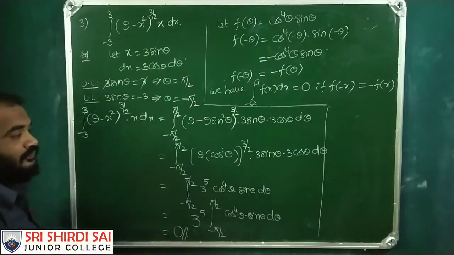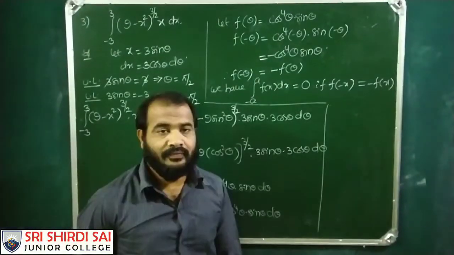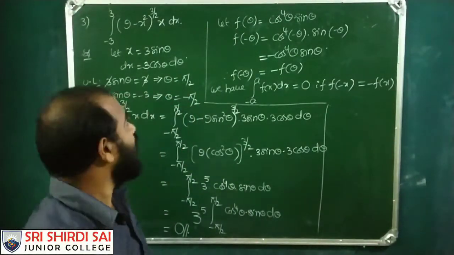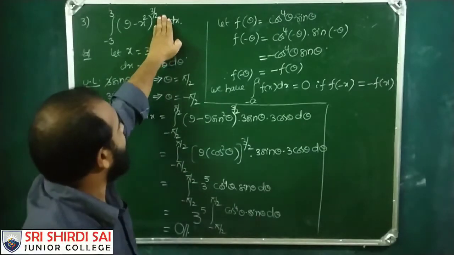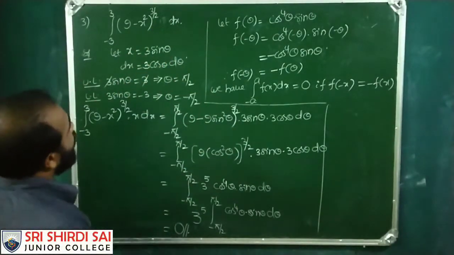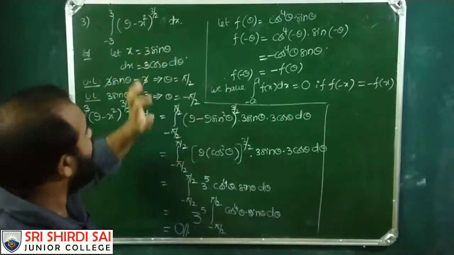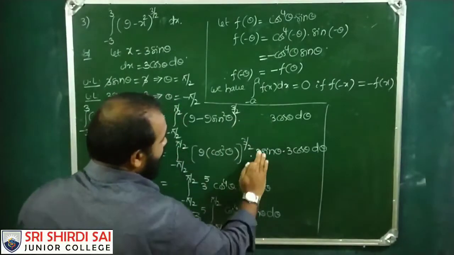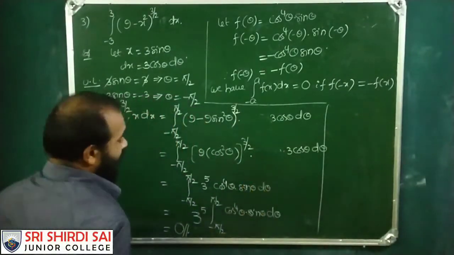So this question is wrongly given in the textbook. Here x is not there. So every process is correct. Therefore, since x is not there, this 3 sin theta should not be included.